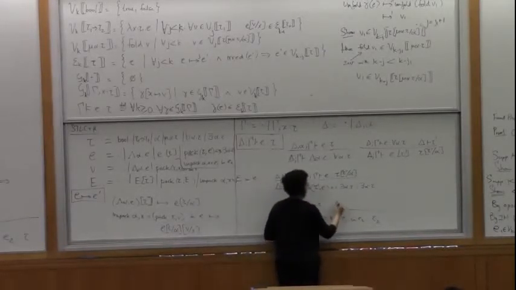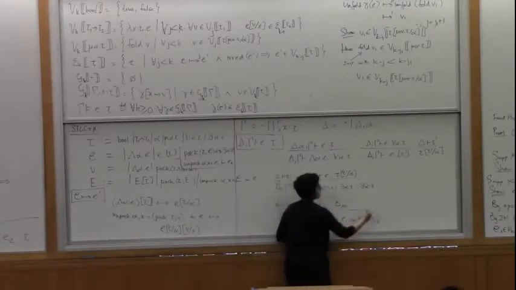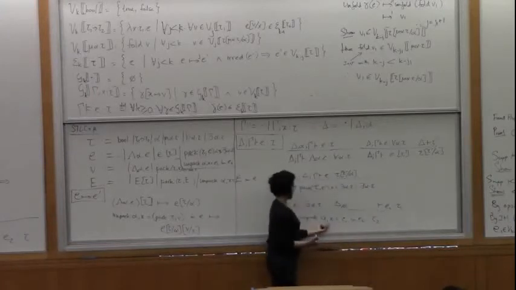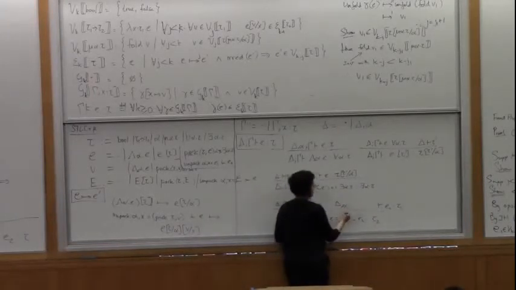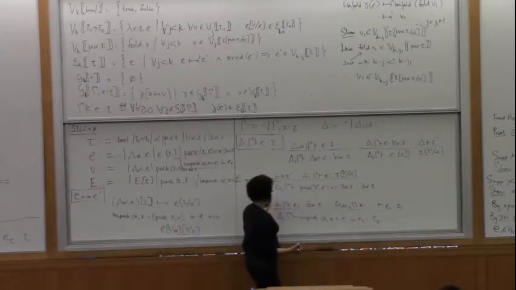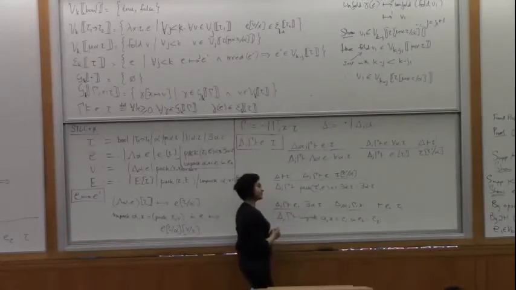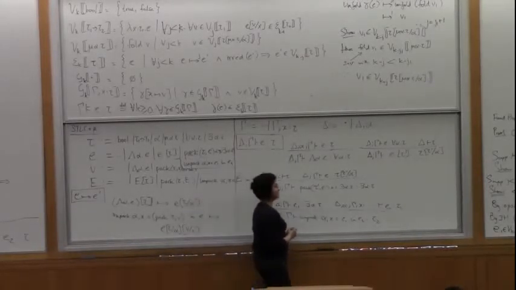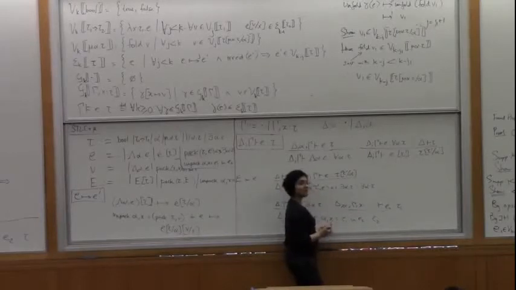And now if we want to type check E2, but E2 might have alpha and x free, so we add alpha to the type environment and x colon what?